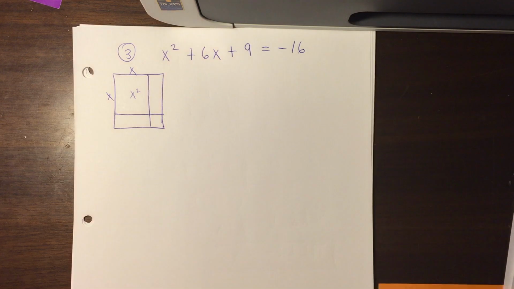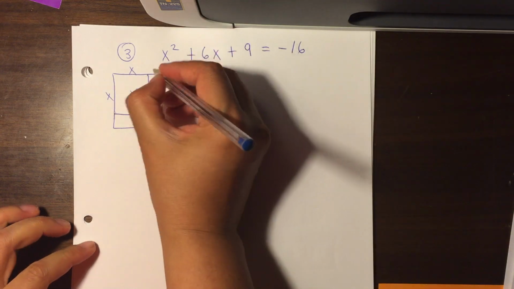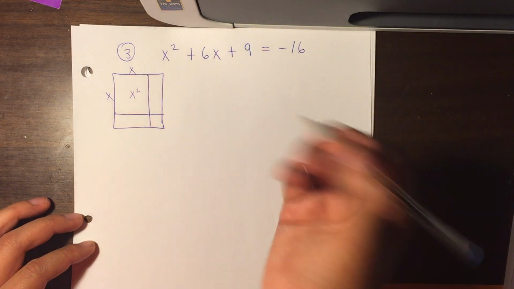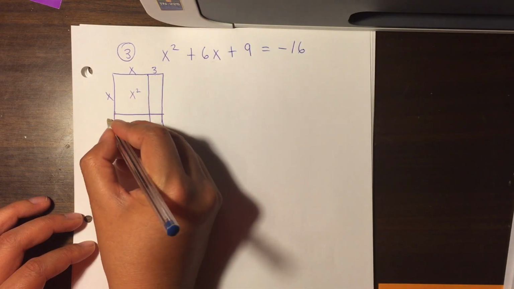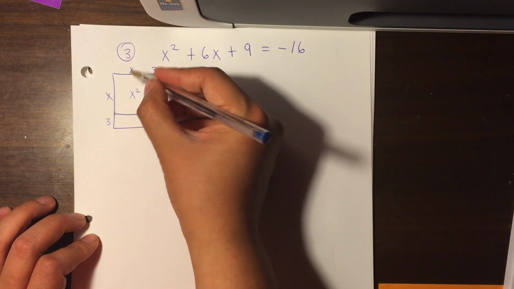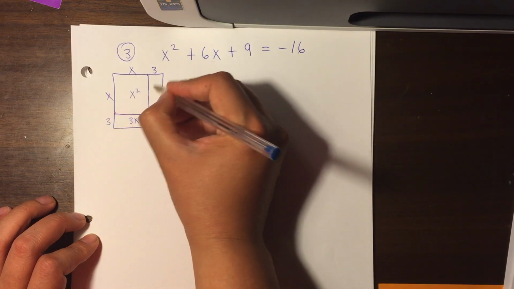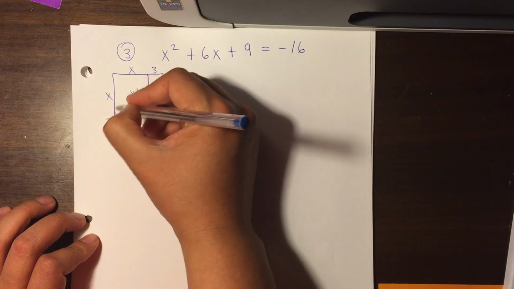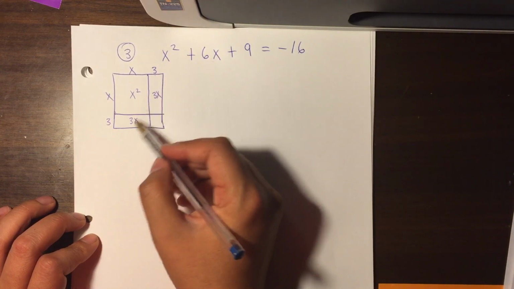And then this 6x, since it's a square, it means that you have to have exactly the same measurement on both sides. So that means that, and we saw before that this is half. So I'm going to put the 3 in here and the other 3 in here. And that's how you get that 3 times x is 3x and 3 times x is 3x. And that's how you get your 6x.